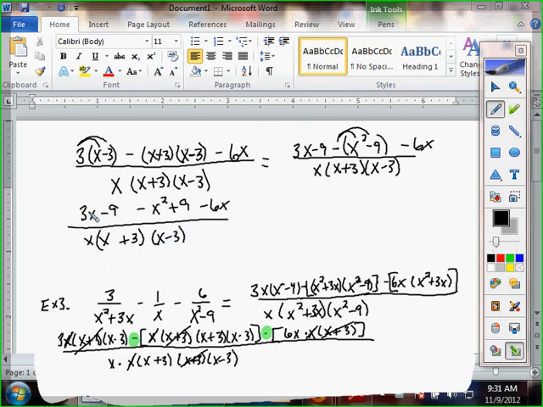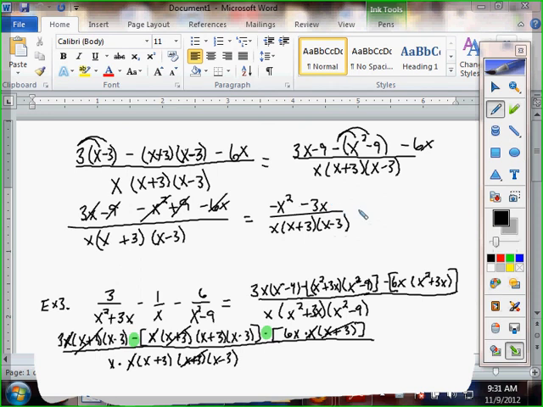So combining like terms here, I have a minus x squared. Then I have a 3x minus 6x, that's going to be minus 3x. And then my 9's cancel. So all I have on top then is a minus x squared minus 3x. And on bottom, I have an x times x plus 3, x minus 3.